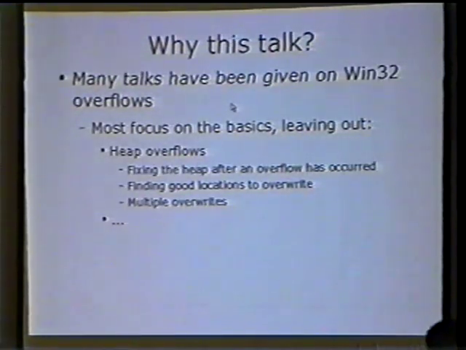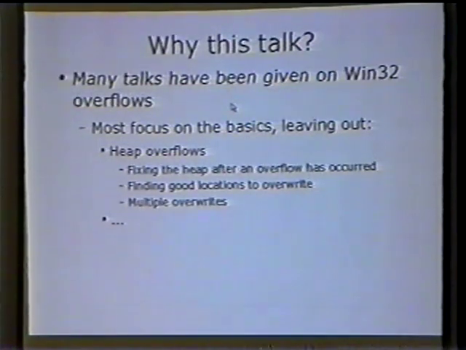This talk specifically does not cover everything that you need to know to write a Windows overflow. No one talk could do that. But many talks, I think, leave out important things or gloss over them or haven't touched them. Some of these things are heap overflows. This talk is not going to be about a heap overflow.